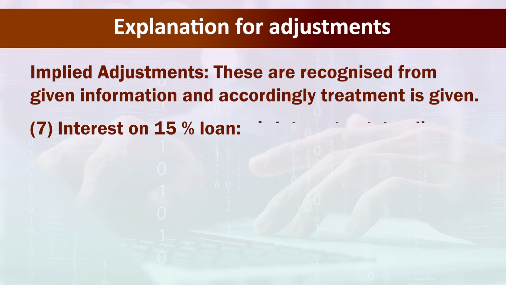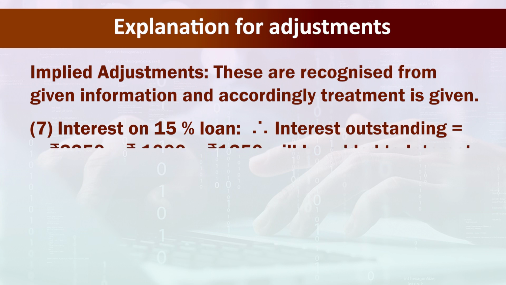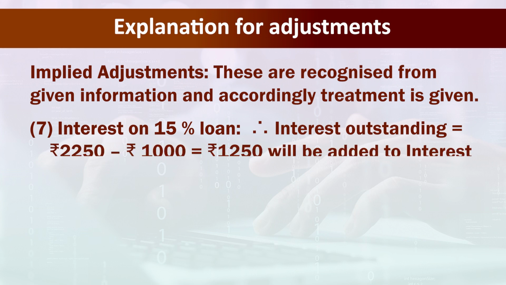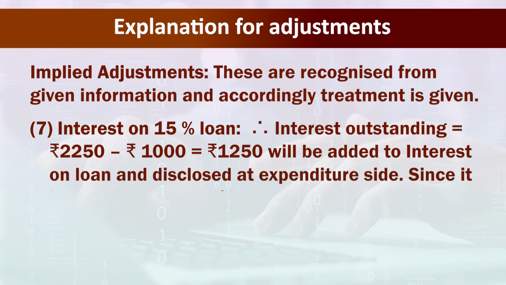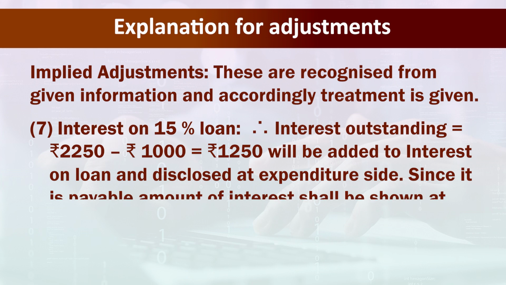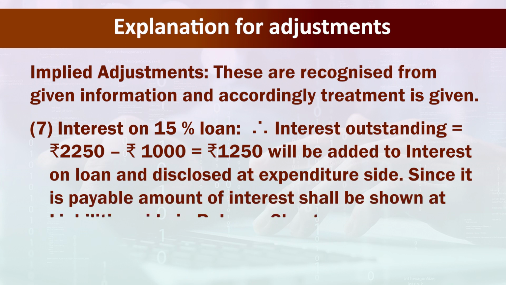Therefore, interest outstanding is rupees 2,250 minus rupees 1,000. The amount is rupees 1,250. It will be added to interest on loan and disclosed at expenditure side. Since it is a payable amount of interest, it shall be shown at liability side in the balance sheet.